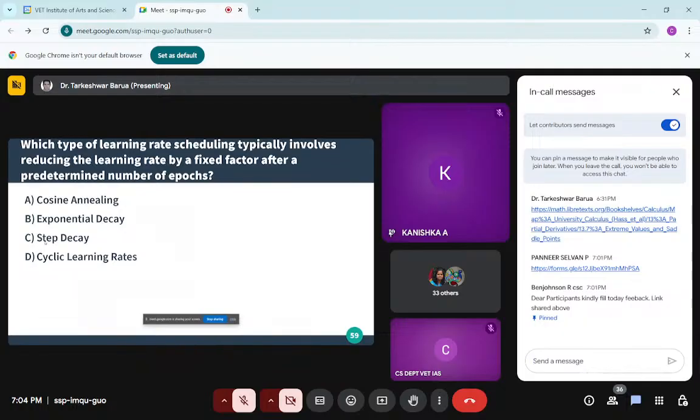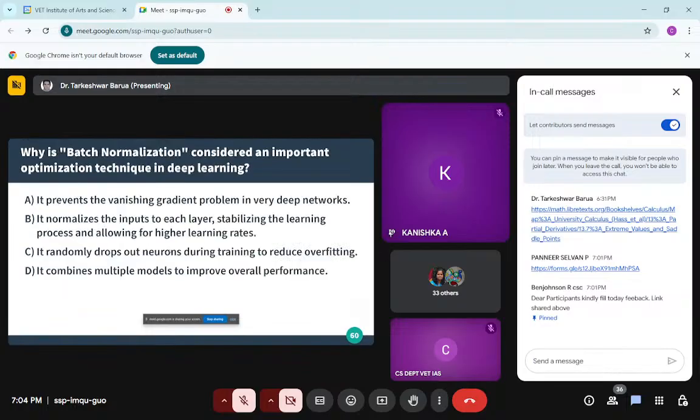Obviously step decay. Step decay is the correct answer. Why is batch normalization considered an important optimization technique in deep learning? Obviously it normalizes the input to each layer, stabilizing the learning process and allowing for a higher learning rate.